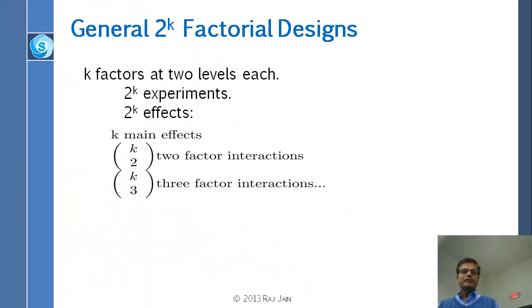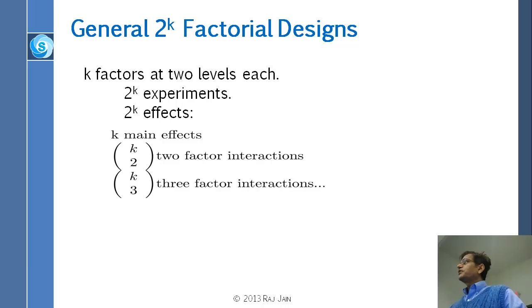All right. So now we are going to extend this 2 raised to 2 to 2 raised to k. There are many ways to extend. Just like we extended regression in many different directions, now we are going to take the simplest design and extend it to 2 raised to k, where 2 raised to k means there are k factors each at 2 levels.